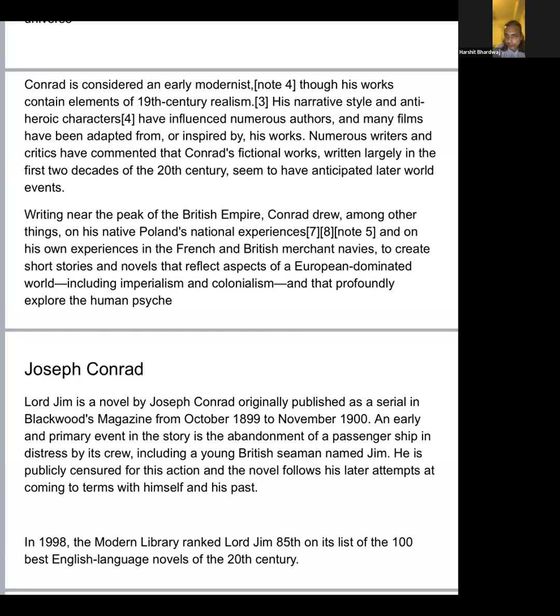There is a method to it, right? Because if Marlowe would tell everything about Jim's life from that point onwards, he'd end up becoming an omniscient narrator. How does he know everything about his life? So Joseph Conrad as an author, and this is one of the features of modernism, that's why we call him an early modernist.